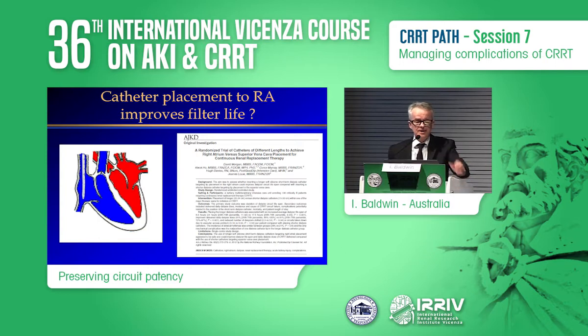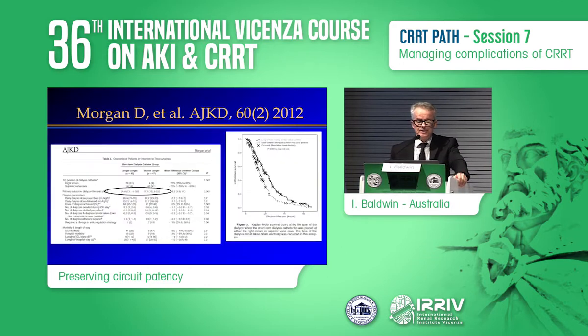And what they found was when the catheter was passed further into the right atrium, it did favour filter life. In terms of what they call dialyzer lifespan, the primary outcome, it was 24 versus 17.5 hours, and that was significant.